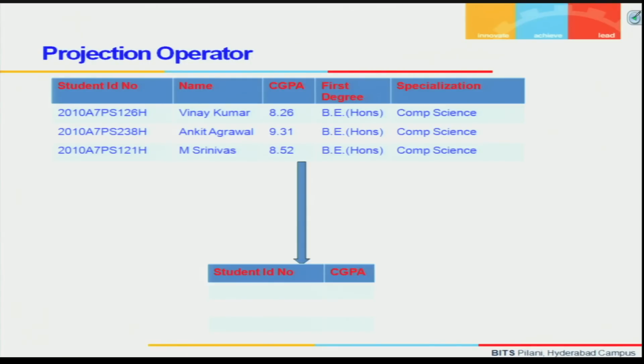Say the projection operator. If this is the relation that I am having, it is definitely a relation working on the sets S, N, C, F and S as we have defined in the last slide.